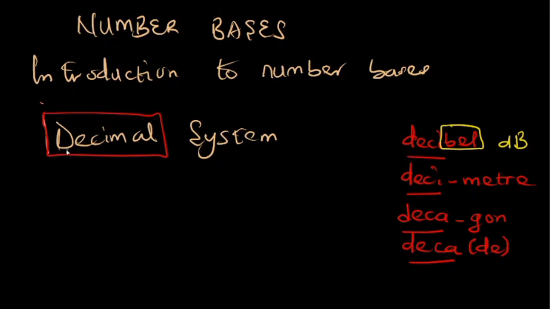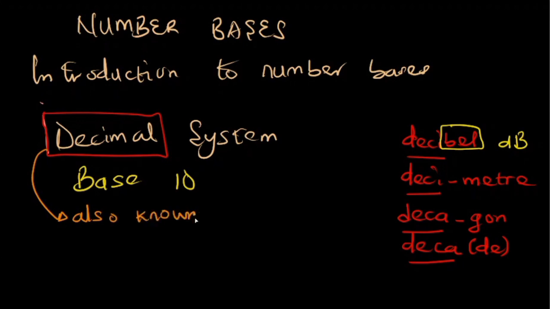From these, we can see that the decimal system relates to a system that deals with base 10. The decimal system is also called the denary system, but we don't usually use that word. It's not a common word that we are familiar with, but you can keep it in mind just in case.